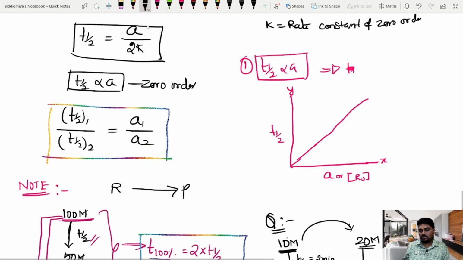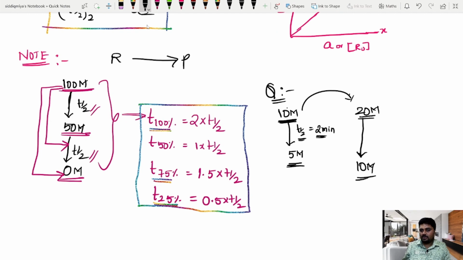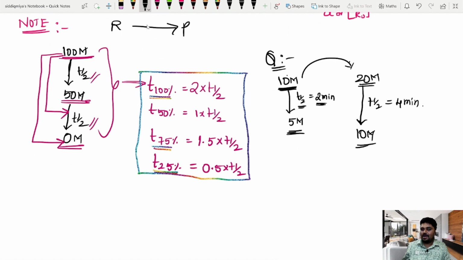You can use this concept: T half is directly proportional to A. Once A doubles, T half also doubles. You will get 4 minutes. And you can use the same formula: T half of 1 by T half of 2 is equal to A1 by A2.